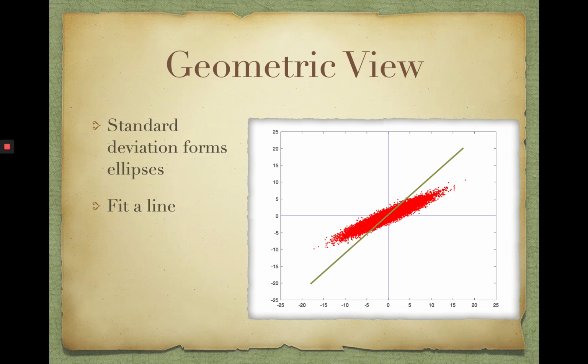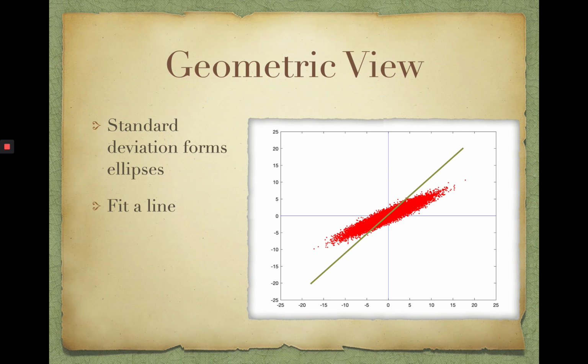Now, let's say that we want to fit a line to this. This is our first problem. You can see why I want to put the data centered around zero. I made my mean equal zero in this case. If my mean was not zero, it would be off somewhere else. Imagine it was in the second quadrant, the same cloud.